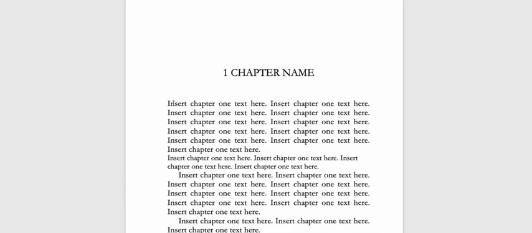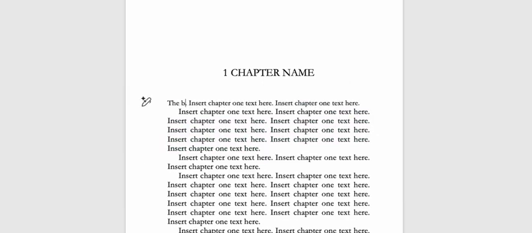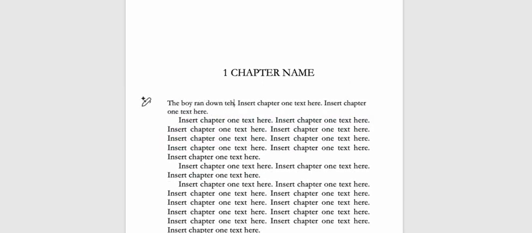Start typing. Everything is formatted for you. And you see how it's like generic text? All you're doing is, the boy ran down the road. The end, right? Once you're done, you save this as a PDF or as a doc.